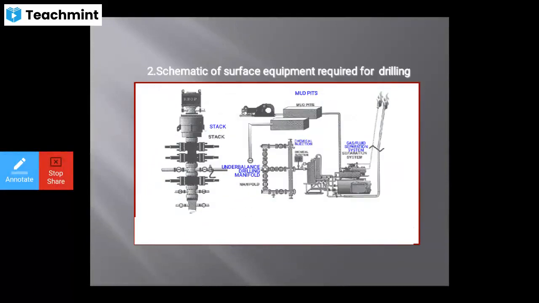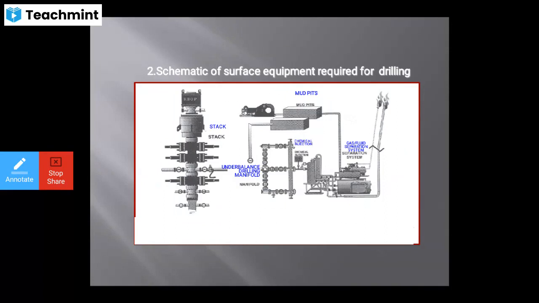So this is your schematic of the surface equipment required for your drilling. So as I told you, you can see clearly the BOP stack, then you can see the choke manifold or drilling manifold, underbalanced drilling manifold, then chemical injection, then you will see the other drilling fluids line, that is your mud pits also shown here.